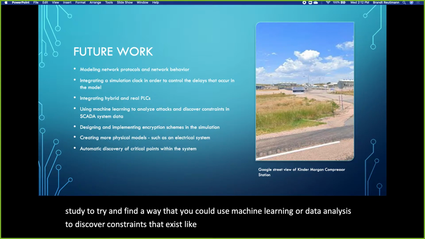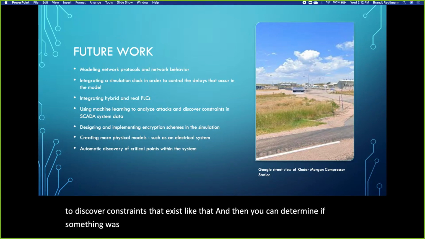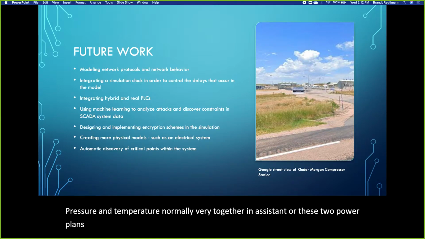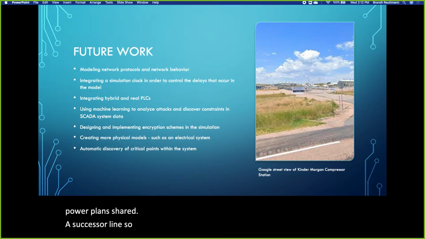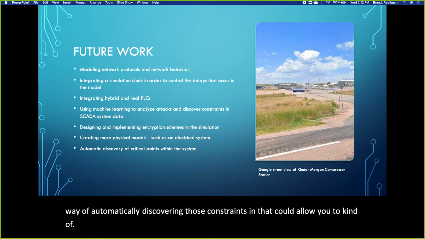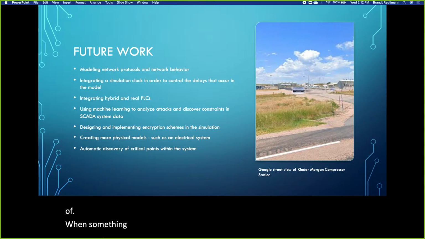And then you could determine if something was faulty, because you could say, okay, pressure and temperature normally vary together in the system. Or these two power plants shared a successor line, so their pressures will likely vary together, right? You could find a way of automatically discovering those constraints, and that could allow you to know when something is not following those constraints and give you insight on maybe if a sensor is faulty.